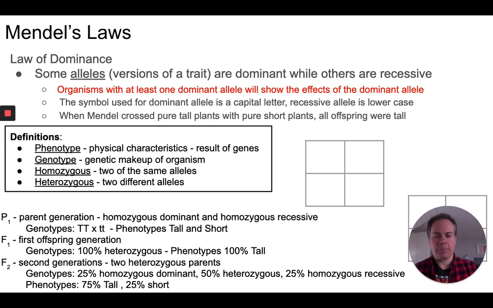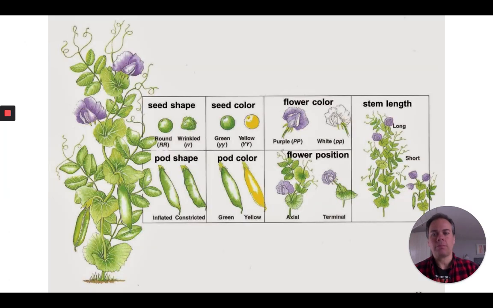For example, if we go back here, round seeds is the dominant allele, wrinkled is the recessive allele. In flower color, purple is the dominant allele. In seed color, green is the dominant allele, or yellow is the dominant allele, I'm sorry.